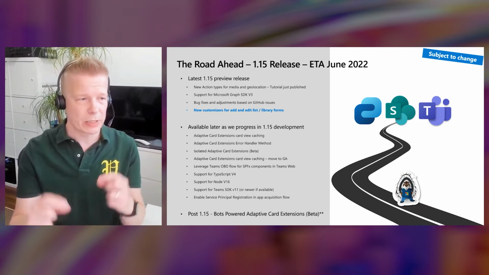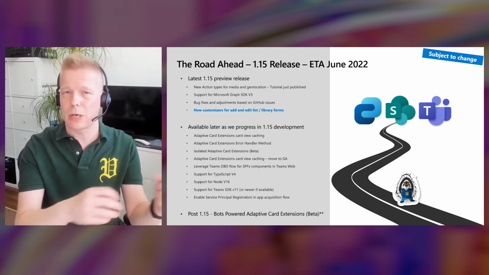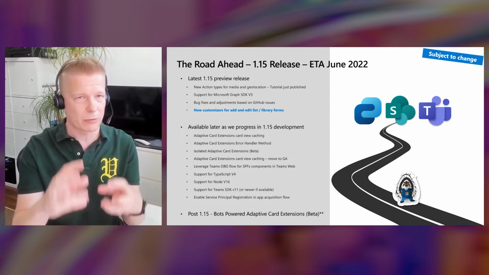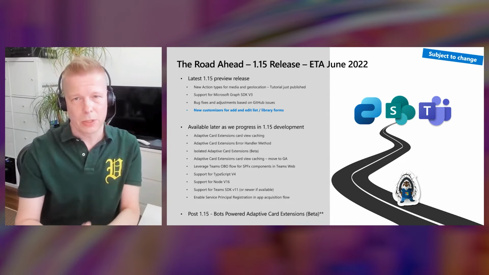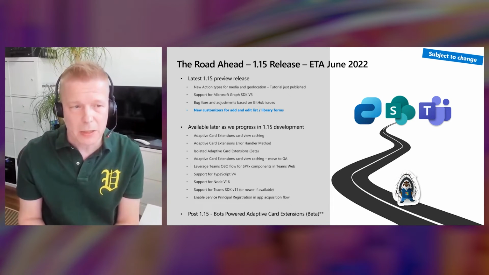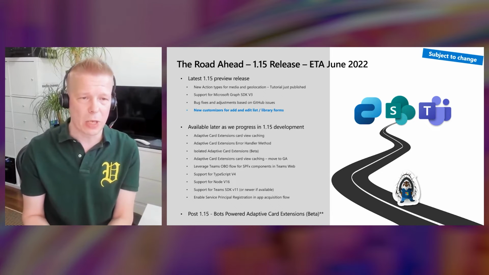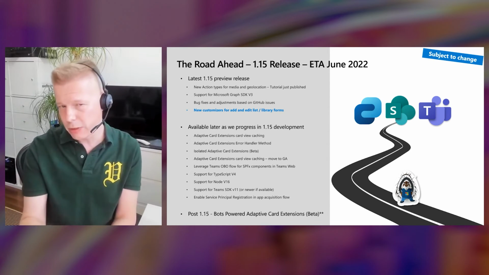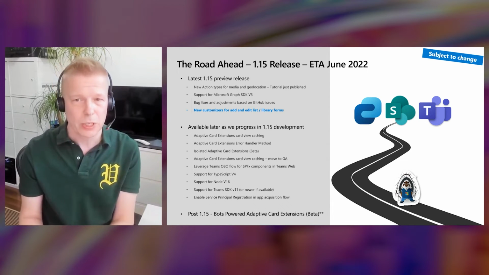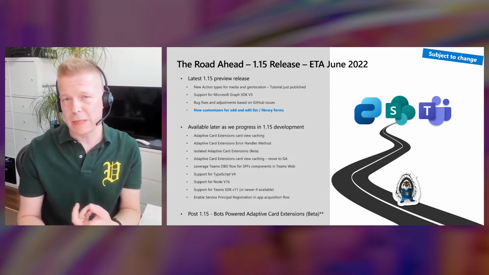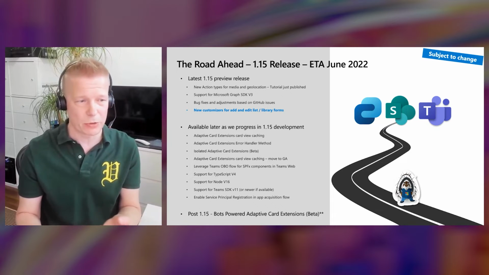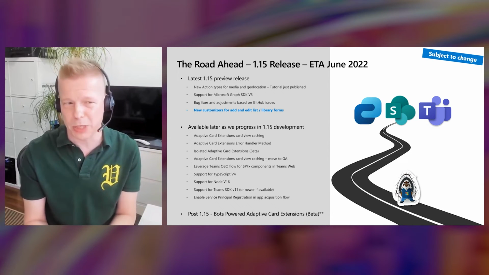So we always release preview releases on the upcoming versions and gradually introduce new functionalities on those until we are ready to go to general availability. Right now, 1.15 is planned to go live, or ETA to go general availability, in June 2022, but that might change a bit depending on the feedback, depending on the development cycles and how accurate our plans are.